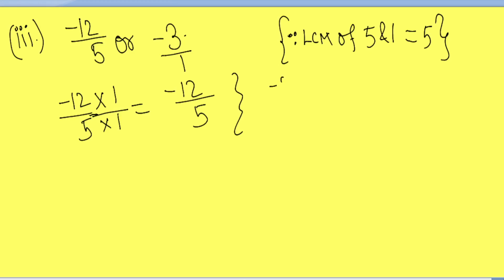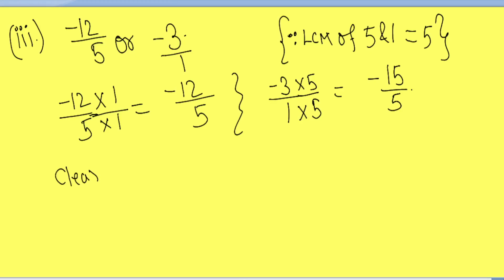Taking the next rational number, -3/1. In order to change this denominator, we will multiply by 5. So what we get is -15/5. It is clear, beta. Now let's compare.